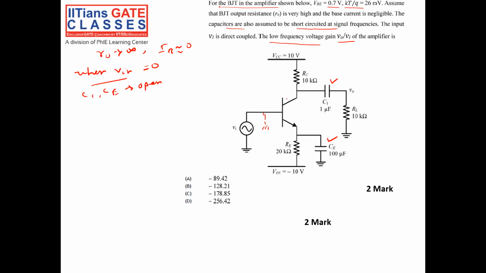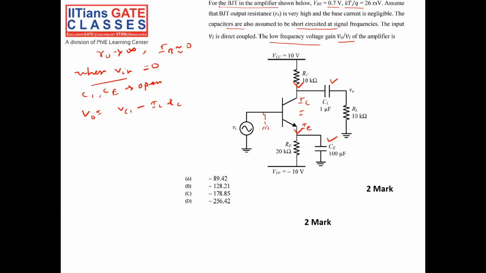So there will be some DC current flowing through the circuit, right? That is IC here, IE. Since the IB is 0, the IC is equal to IE only. And my output voltage is V output is equal to VCC minus IC into RC.